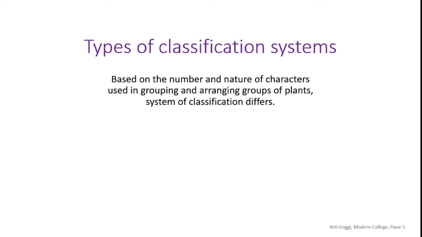So based on the number and nature of characters used in grouping and arranging the plants, there are different systems of classification. We will use one hypothetical example to understand how classifications are improved over a period of time based on the nature and number of characters used.